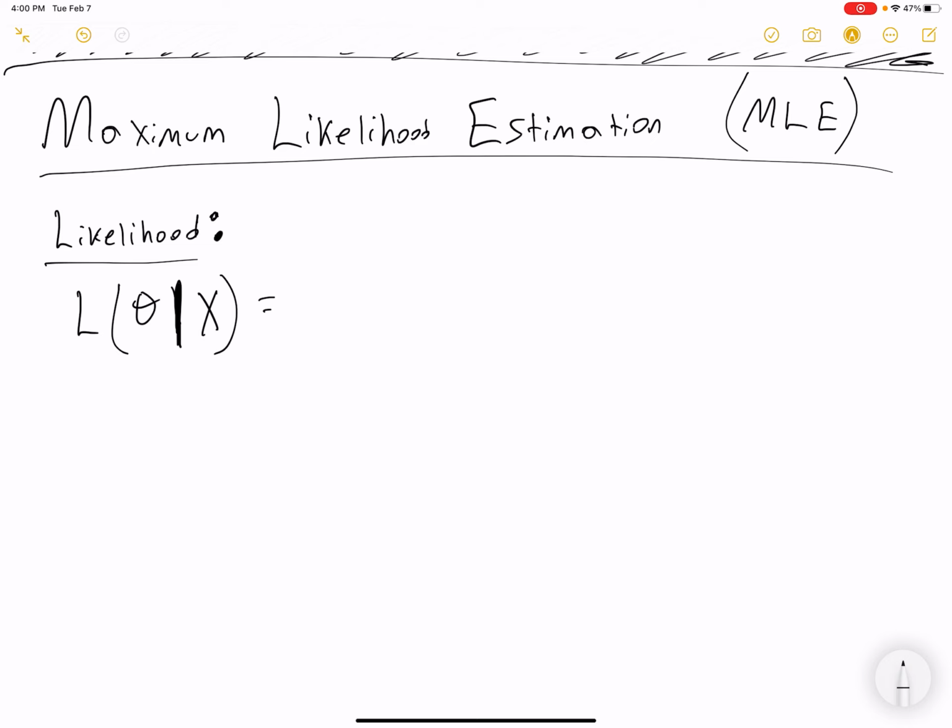So that's how we write that, and we can think of it as the likelihood of the model parameters given the data.